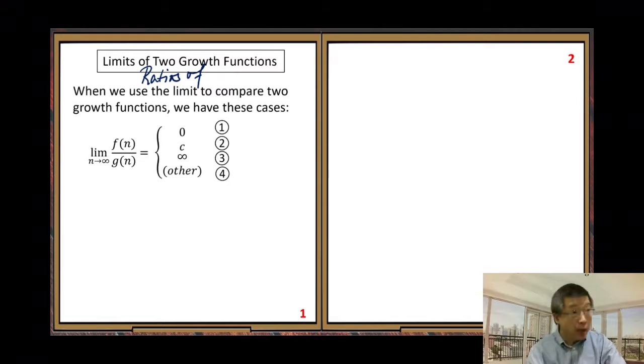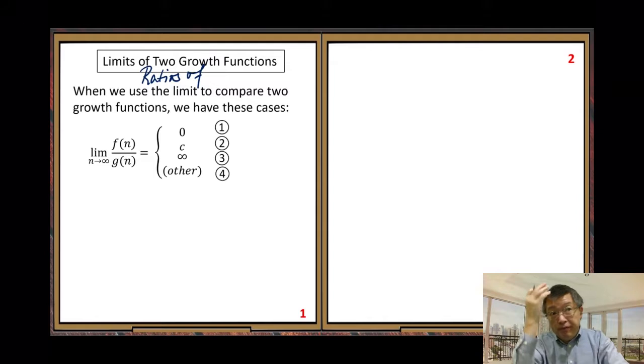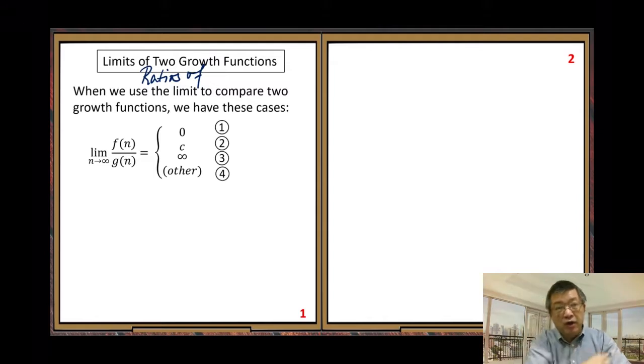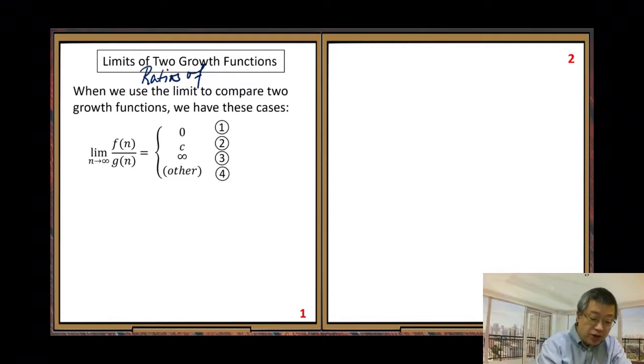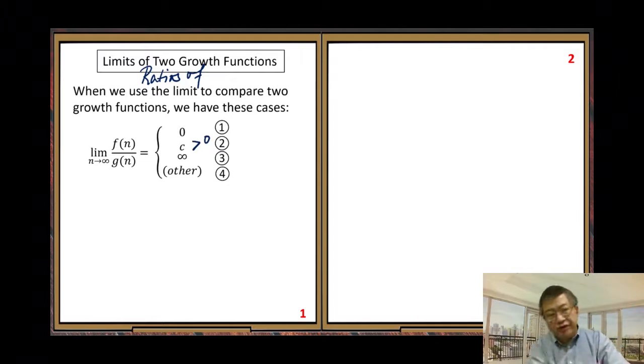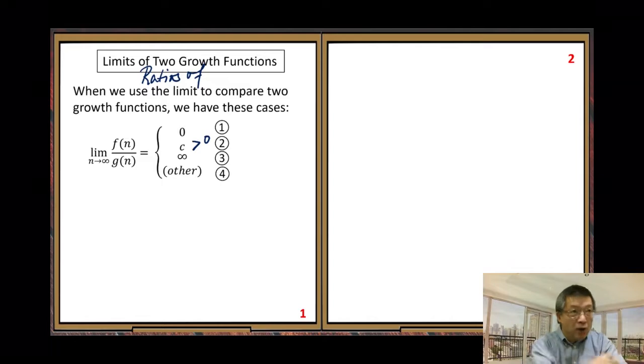That should be a positive number, right? So the values for all the growth functions should be positive. So then the C also should be positive. Positive constant. So we can call it that in our algorithm specific context, not the general context. So the constant C should be a positive constant.